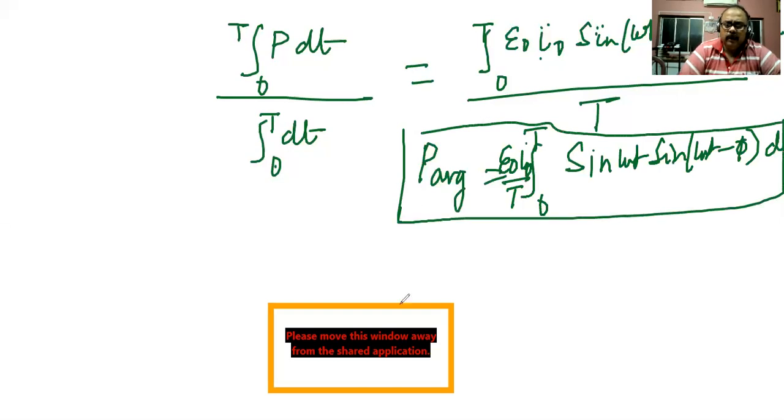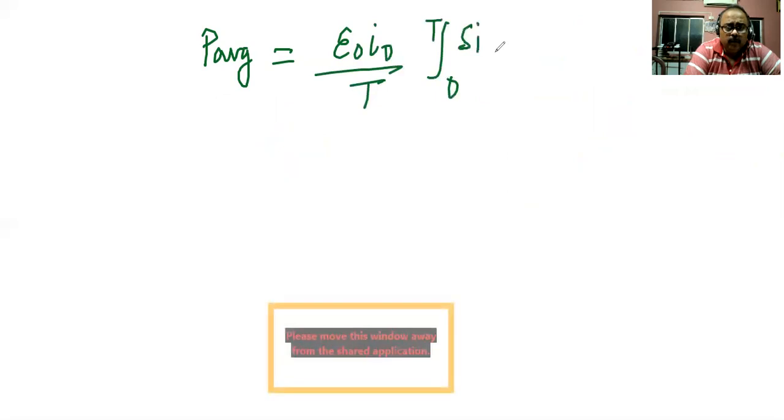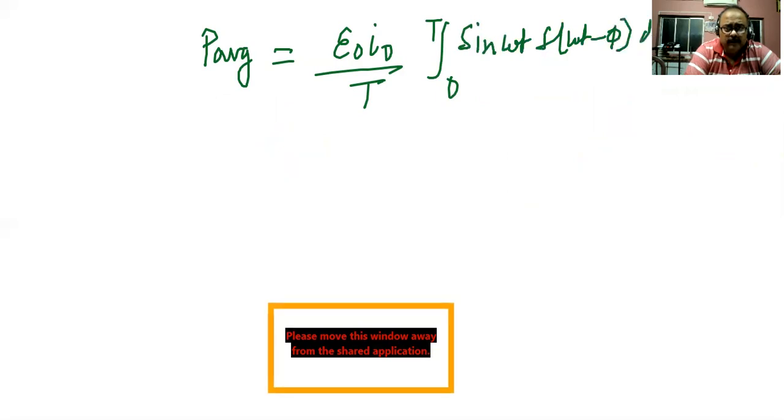Now, moving to the next page, average power equals E naught I naught by T times the integration from 0 to T of sine of omega t into sine of omega t minus phi, whole dt.